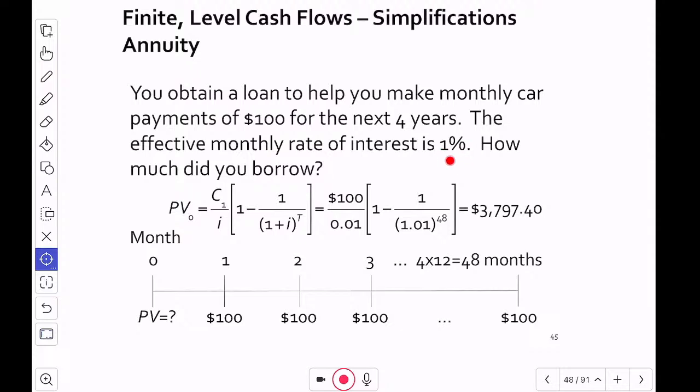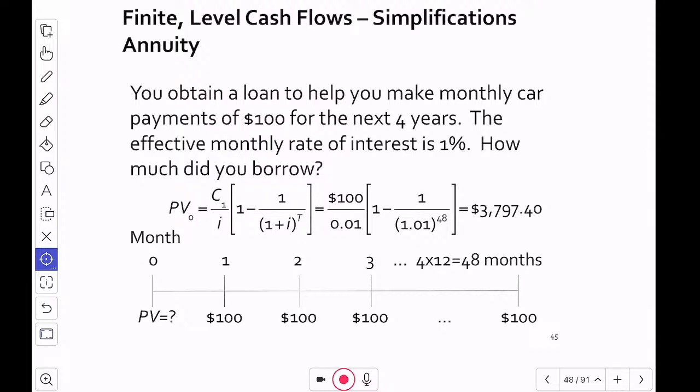So maybe a credit rating agency determined, or the information from a credit bureau was used by the company loaning you the money to determine that you have a monthly interest rate of 1%. So that's what's available to you.